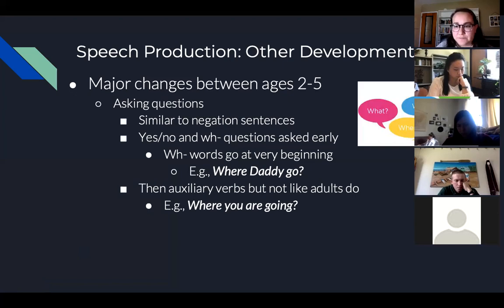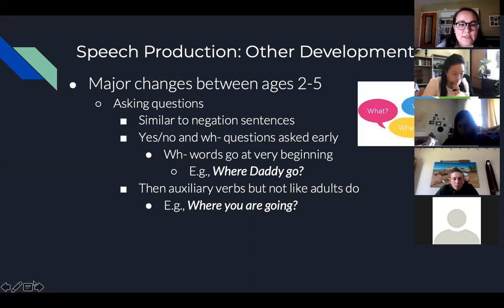So at this stage, they're starting to add more vocabulary words and are starting to understand the relationship between different kinds of words and sentences. But they're still trying to work out the rules here. So for example, they're often going to get the order wrong. So they'll say things like, where you are going, why she is playing, why not me can't dance.